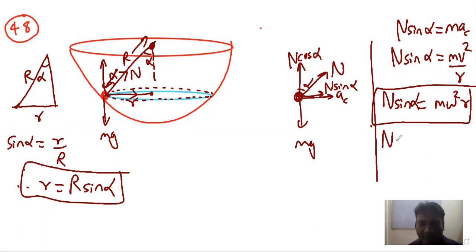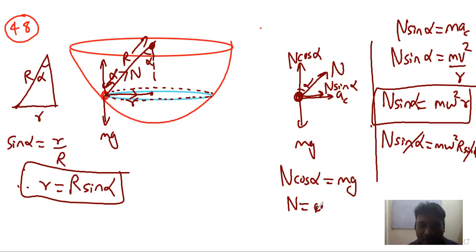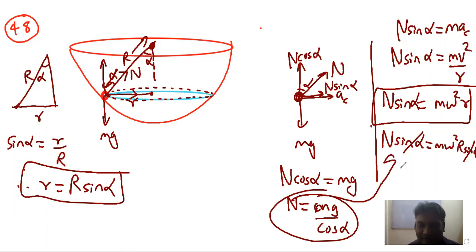So I can substitute that value here. M omega square capital R sin alpha. Sin alpha cancels. And other than this, we have along vertical direction N cos alpha is mg. So N equals mg upon cos alpha. Substitute this value of N here.